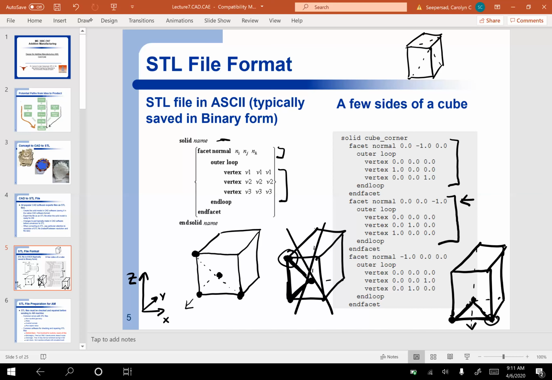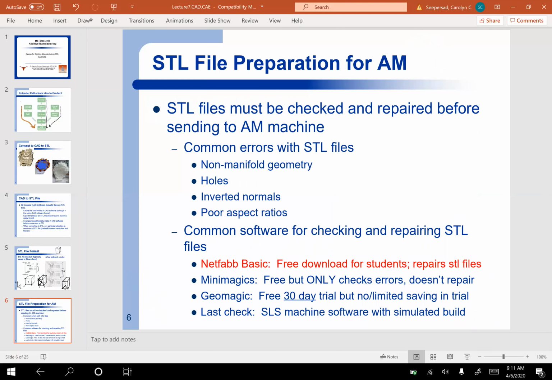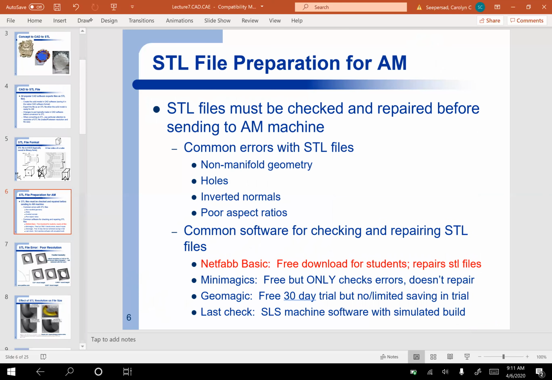Okay, so a couple of things to think about with STL files. One is that these STL files have a resolution. We have to think very carefully about that and how much resolution we want or need, and we'll talk about that in a second. The other is that STL files can have errors in them. And some of the common errors I've listed here: non-manifold or geometry that's not watertight.